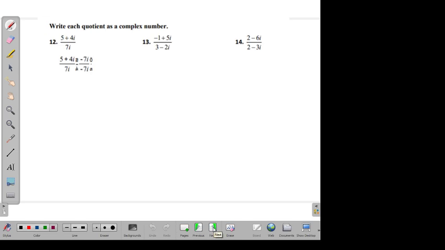All right, next and the last one. Can we divide complex numbers? Yes, it's very simple to divide. No, it's not simple to divide at all. Okay, let's go to 5 plus 4i divided by 7i. The very first thing is you can write it like this.